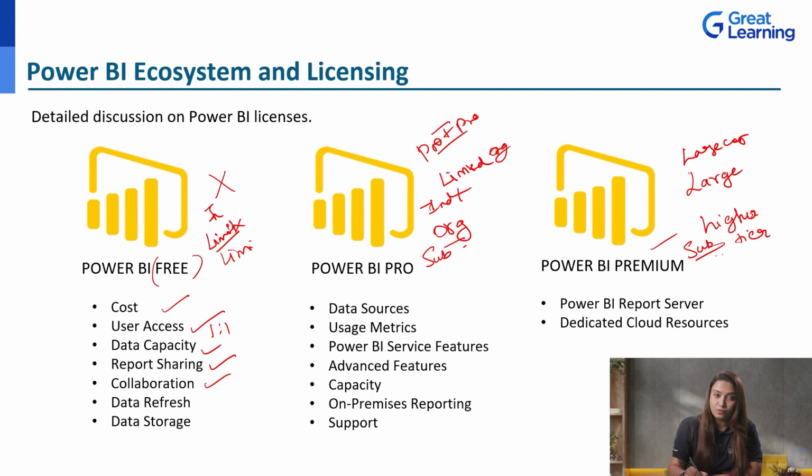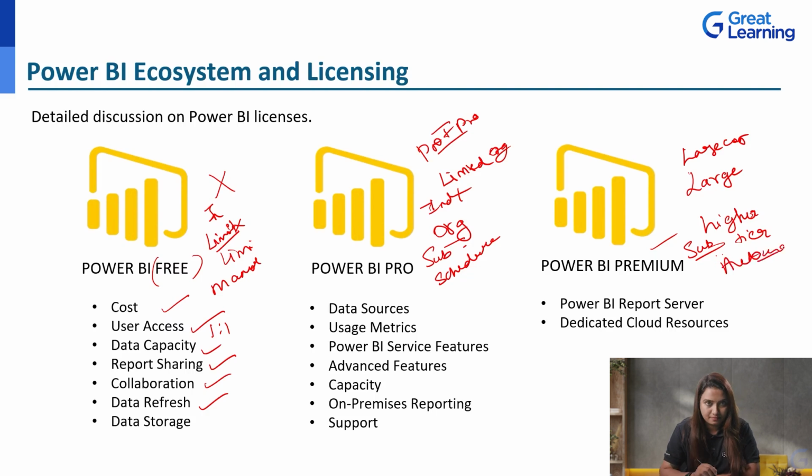So this is how it is, pay as you go. The more you pay, the more features you get. Then comes data refresh. Data refresh is manual in Power BI for free, and you have a scheduled data refresh in Pro, and you have automatic data refresh in Premium. That's the difference you have.